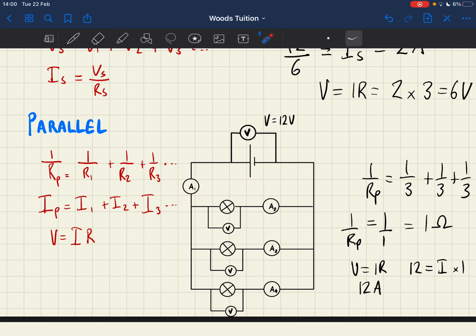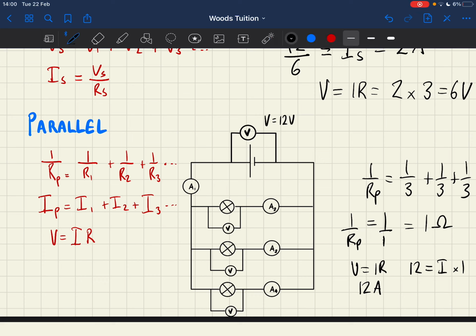Looking at this diagram, we can say that the current going through A2 is equal to A3, equal to A4, and that's because all of these branches are completely identical. The voltage across each of these branches is constant, so that's always going to be 12 volts.